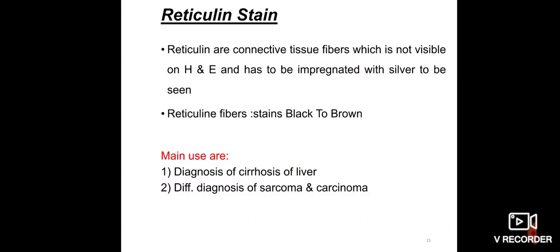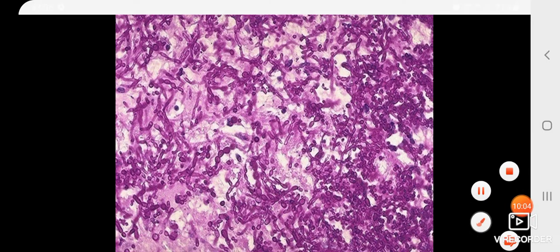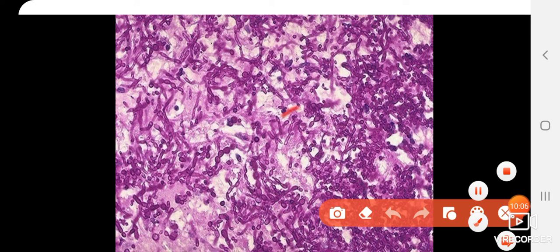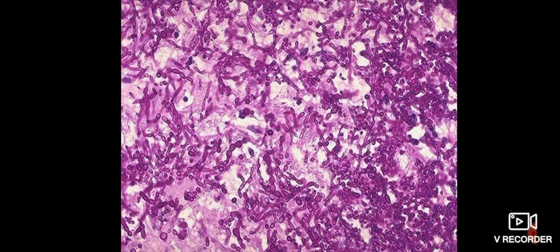Again, this is a photo of fungi. These are all mucor colonies. These are all fungi which are stained magenta color by PAS stain. So with PAS stain, you should know, they will stain the mucin, the fungi, and the glycogen.